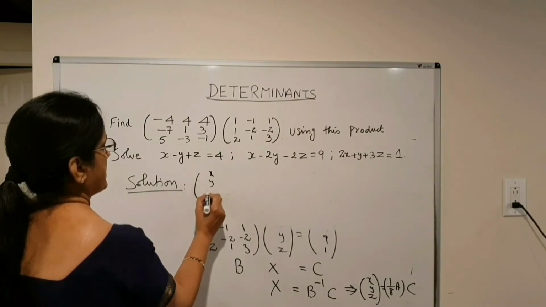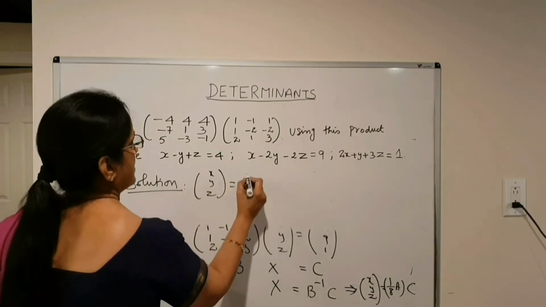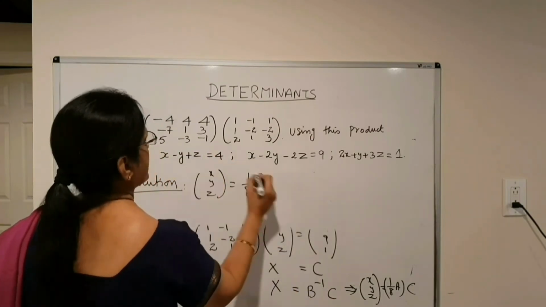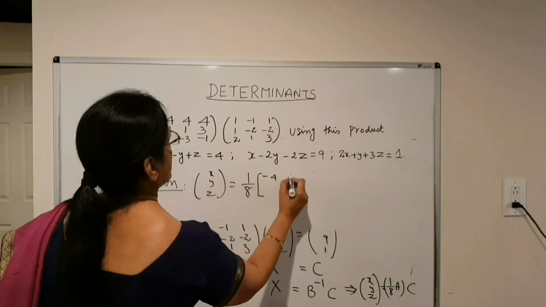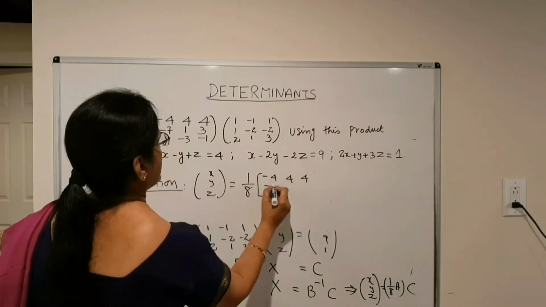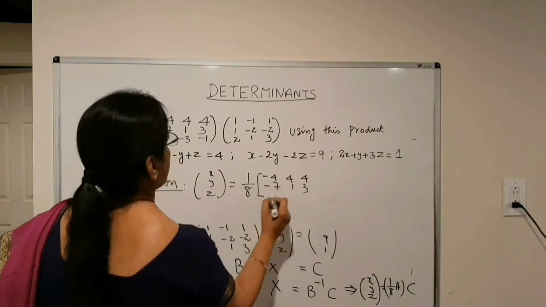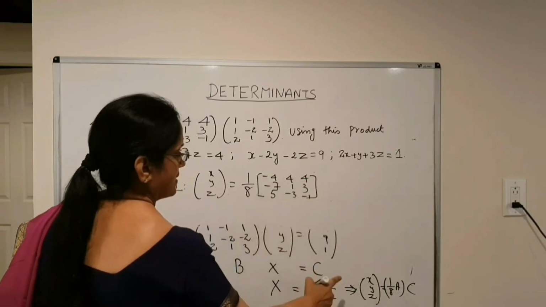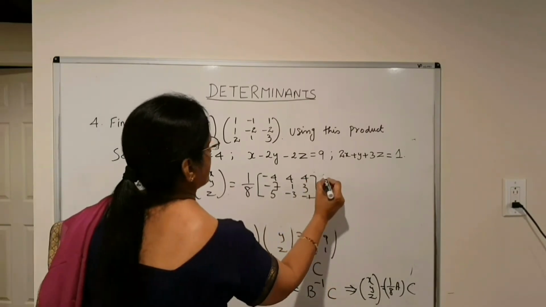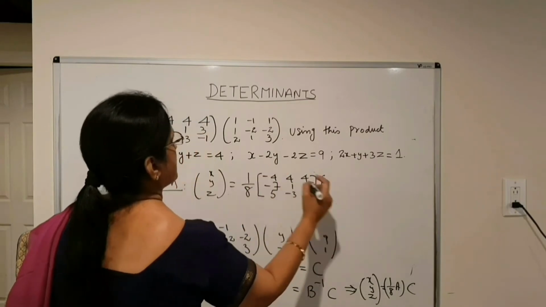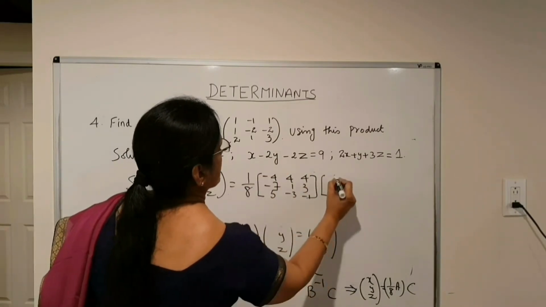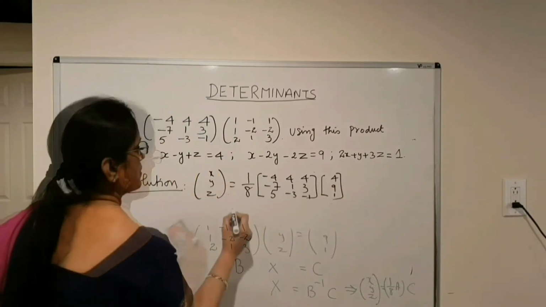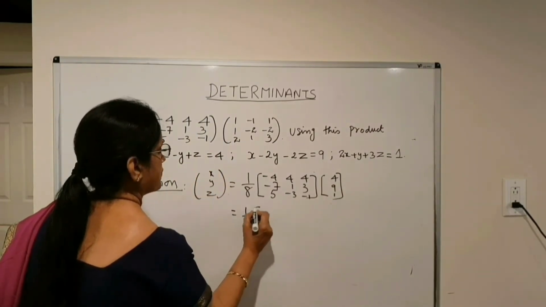X, Y, Z should be 1 by 8 of A. A is nothing but the matrix minus 4, 4, 4, minus 7, 1, 3, 5, minus 3, minus 1, into C. C is nothing but 4, 9, 1. That's all.